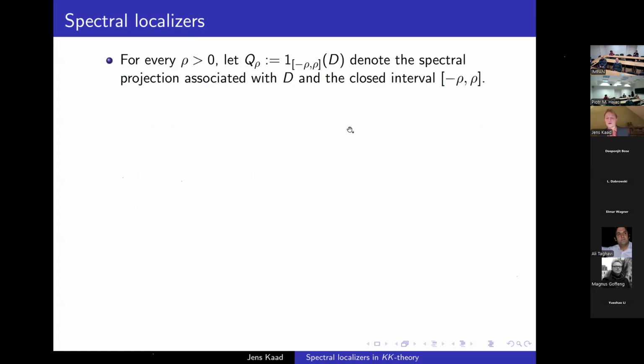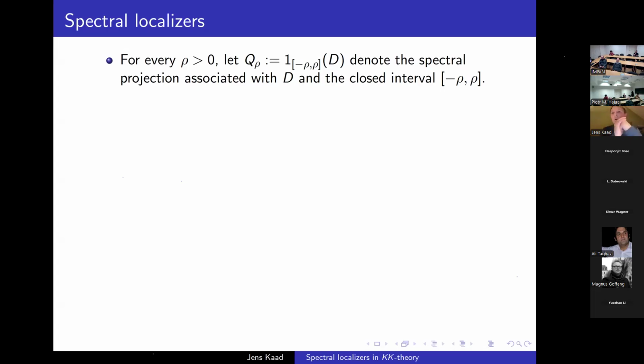Okay, so now I can define this spectral localizer for you in this context. What you do is that you fix a parameter rho, which is strictly positive, and then I form the corresponding spectral projection coming from capital D and this closed interval from minus rho to rho. How to think about this?